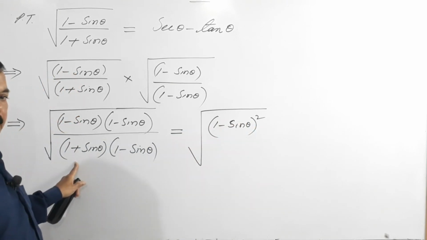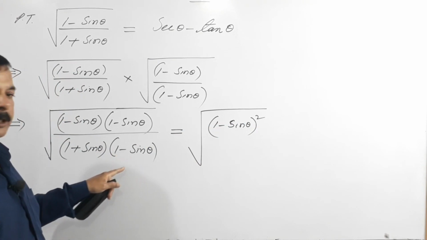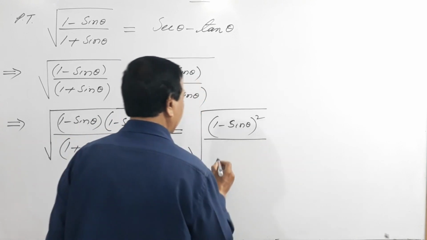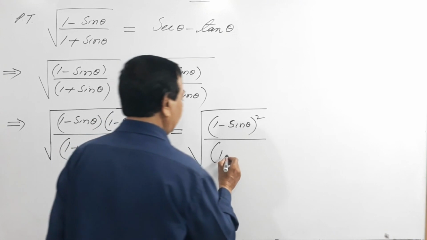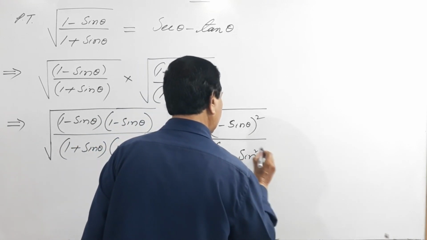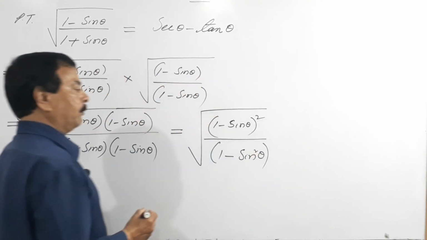This is of the type a plus b into a minus b. A plus b into a minus b is nothing but a square minus b square. So the denominator is 1 square, that is 1 minus sin square theta. Correct? So put the bracket.